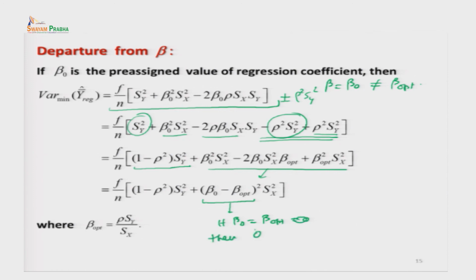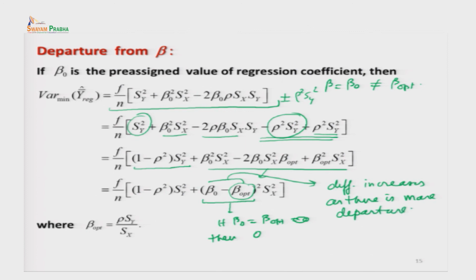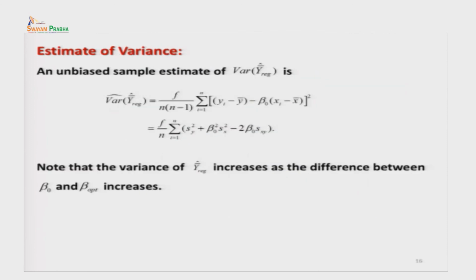And if the beta 0 value differs from the value of beta optimum, this difference will increase. This difference increases as there is more departure. Right. So now you have this idea.